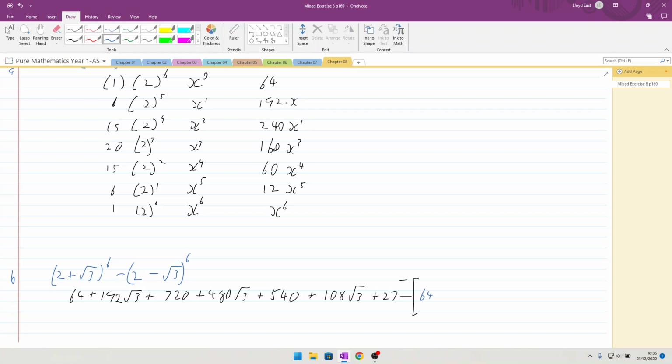And then it's going to be minus 192 square root 3. And then square root of 3 squared is 3, so that's a minus. So it's minus 720.